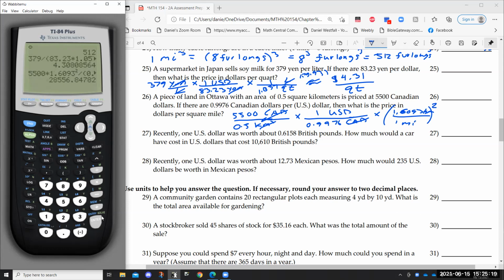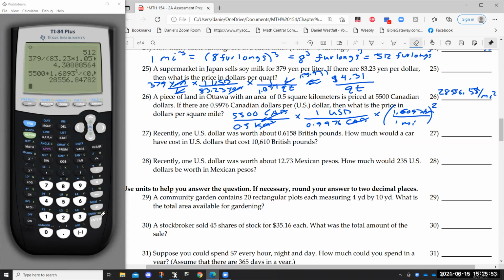So we get, again, it's going to be dollars per square mile. We probably wouldn't want to do dollars and cents because they did whole numbers of dollars here.